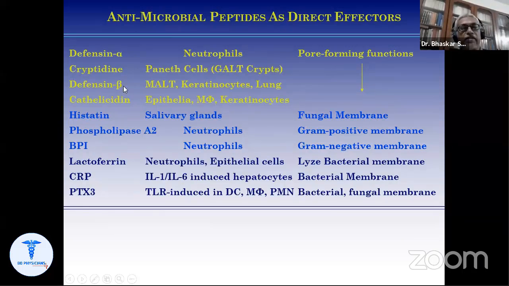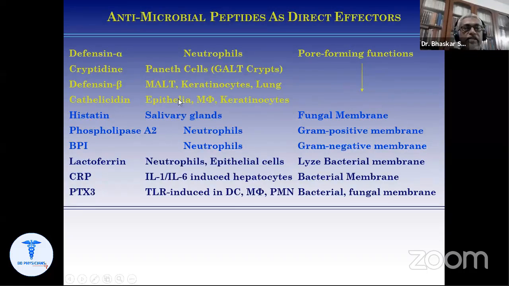And then defensin beta is in mucosal-associated lymphoid tissue and secreted also by keratinocytes and also in lung, alveolar epithelial cells. And all of these, including cathelicidin, secreted by epithelial cells, macrophage, keratinocytes, they all integrate into the membrane of the pathogen and form pores. As a result, the cells become leaky and they die.